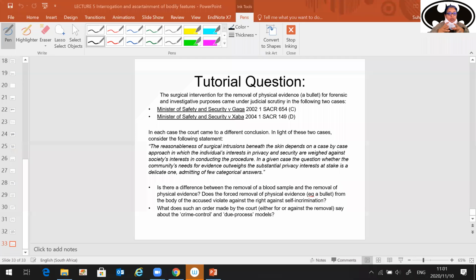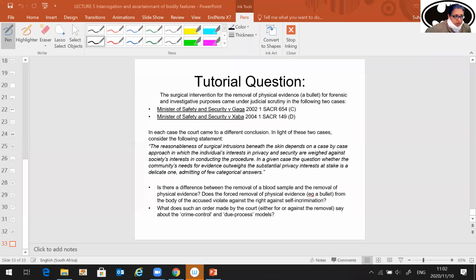These two cases were very similar in the sense that both of the accused persons, and you'll be able to tell me what rights they were contesting, had bullets lodged in their bodies from having been in pursuit and in an altercation with the police in two different factual scenarios.